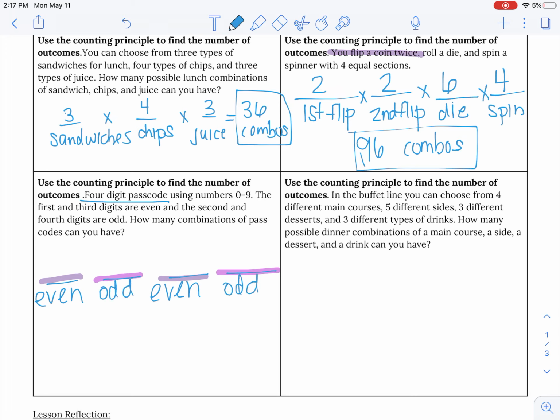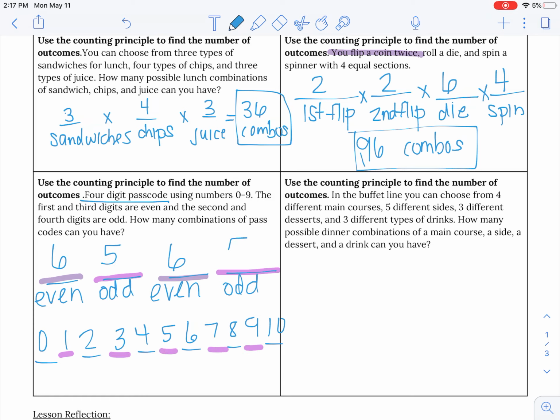When I'm thinking about the numbers 0 through 10, and I write them down, 0, 2, 4, 6, 8, and 10 are all even numbers. So that is 1, 2, 3, 4, 5, 6 different outcomes for my evens. And then when I go through 1, 3, 5, 7, and 9, that's only 5 different odd outcomes.